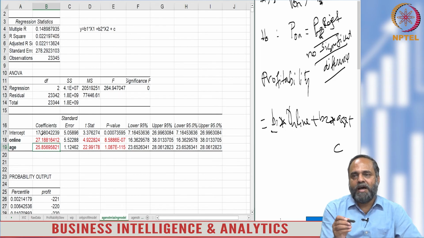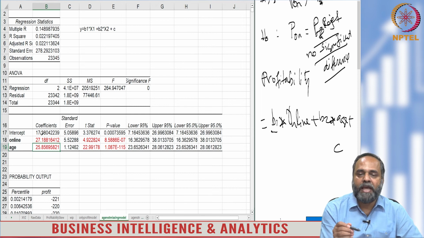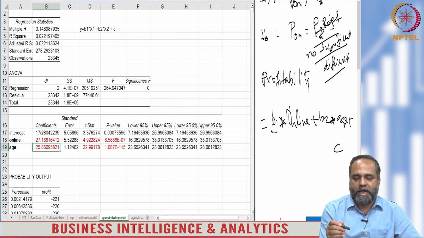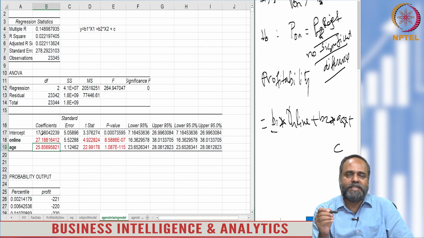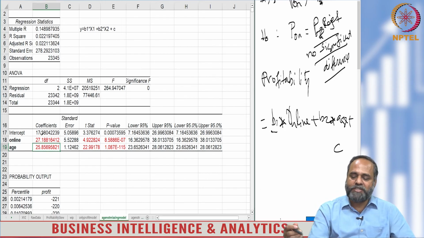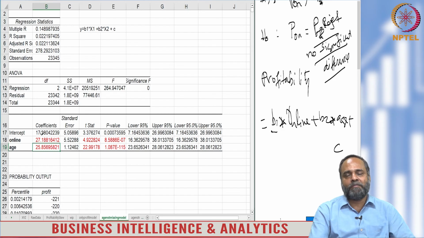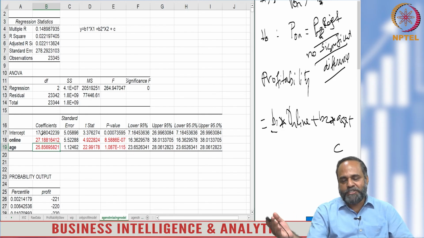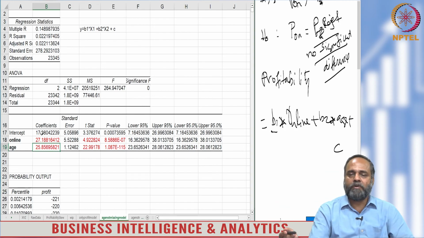We find that age has an influence on profitability along with online status. So one insight you get here is, since older customers who use online will be more profitable, the manager might suggest, why don't you give rebate to customers who are senior citizens or in the higher age group. Well, that is something that comes to your mind.